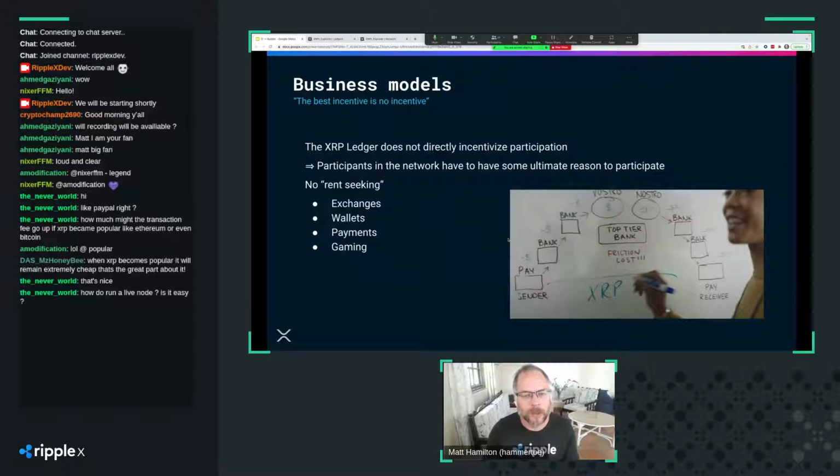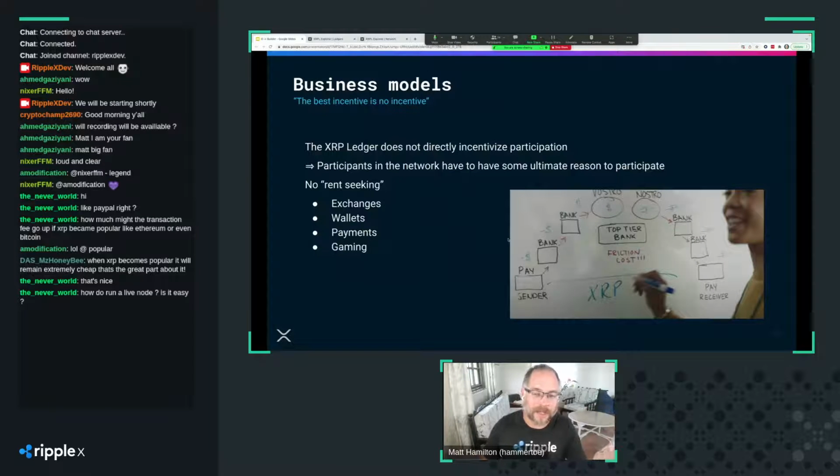So the nice thing is you don't have what's called rent seeking. You don't have people participating in the network just to gain fees. So in Ethereum, there's a thing called MEV, maximum extractable value, and there's basically gaming going on in the network where participants are trying to get the highest fee that they can from the network, right? Now that might be a detriment to the people that want to use the network, right?